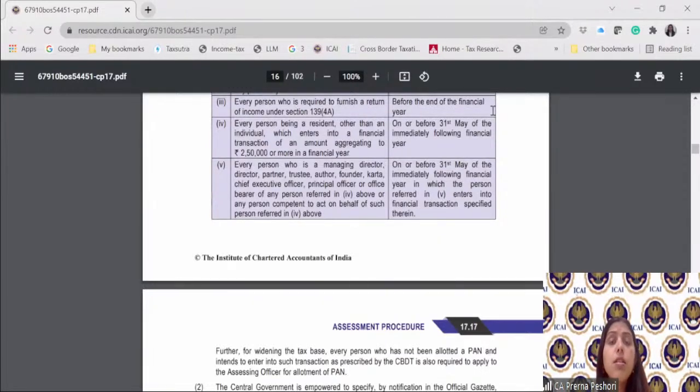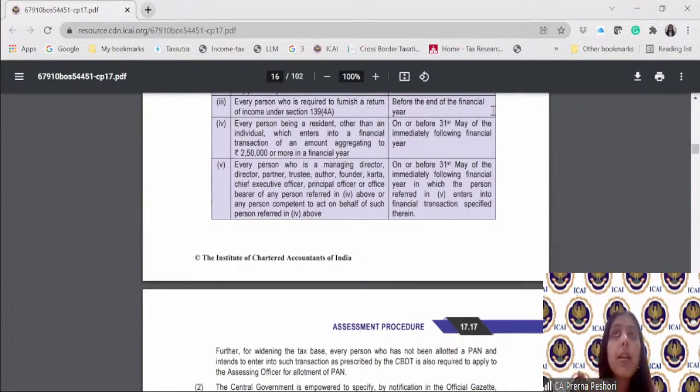Even if the person who is obtaining the PAN, so every person who is entering into that transaction, he also has to ensure that the other person has given the PAN. If the other person is also not ensuring that the PAN or Aadhaar is duly quoted in the documents, then there will be rupees 10,000 penalty on that person also who fails to ensure that the PAN or Aadhaar is duly quoted.